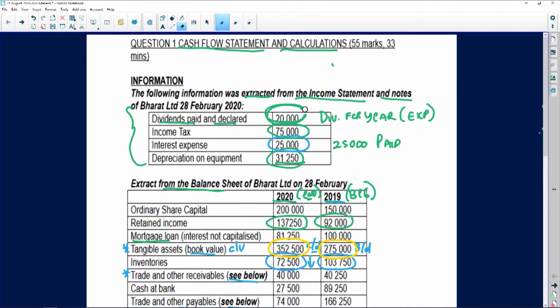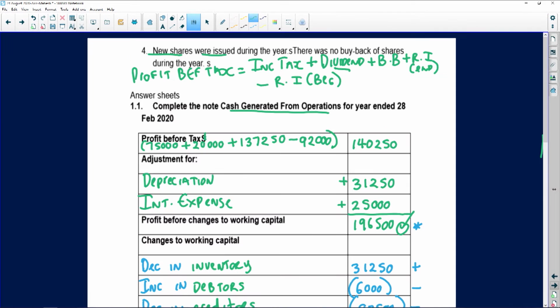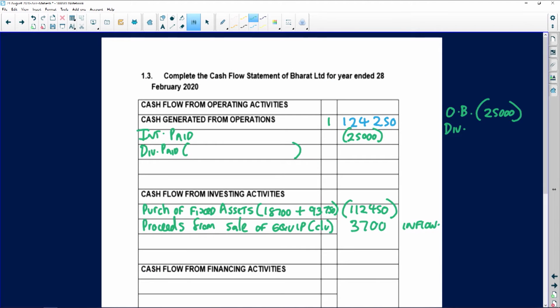This would have been in your retained income note, an amount of 20,000. So that is your total dividends declared, in other words, interim plus final. So your total dividend expense for the year, an amount of 20,000, should also represent an outflow of cash.